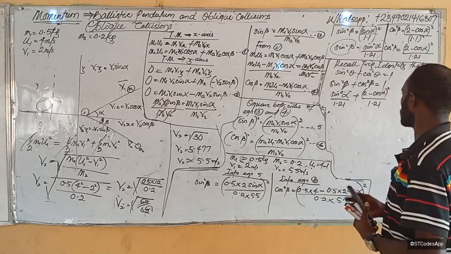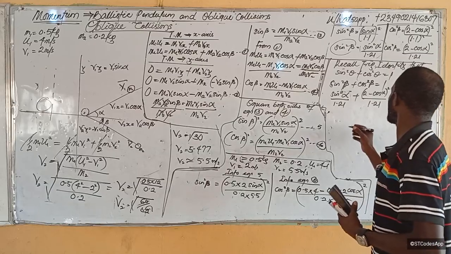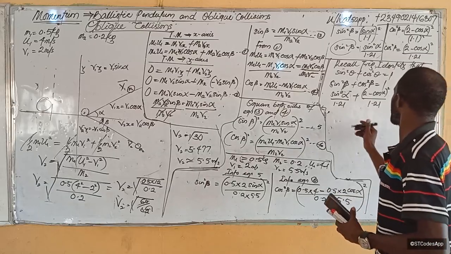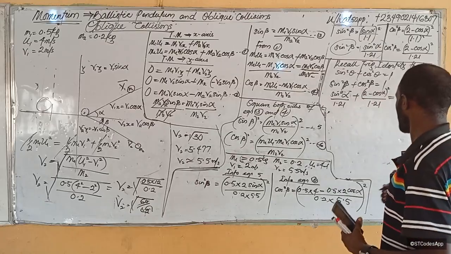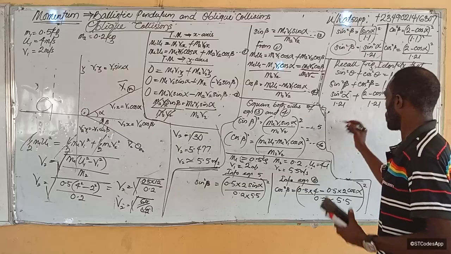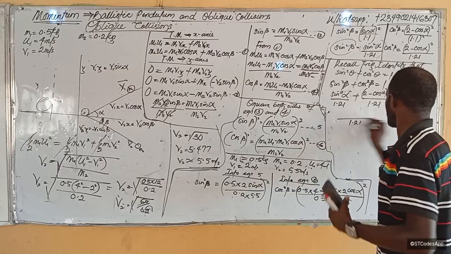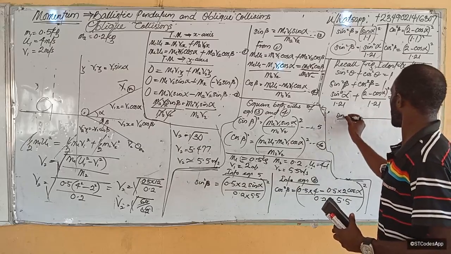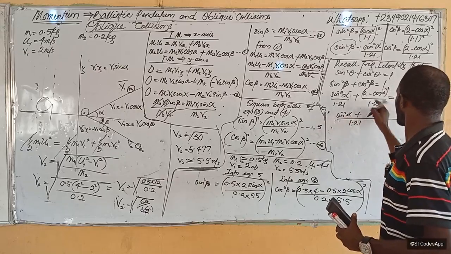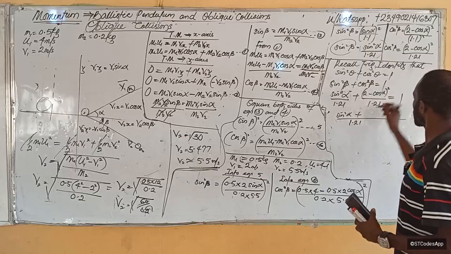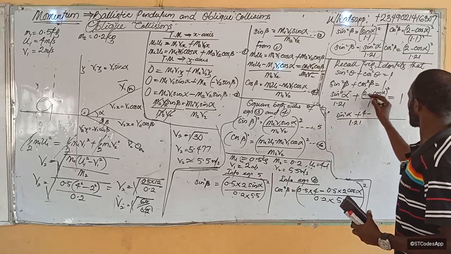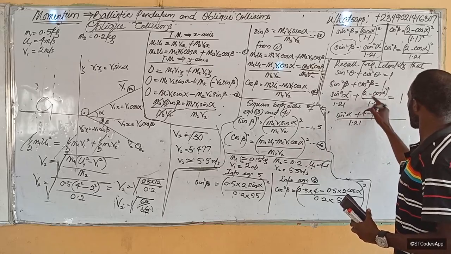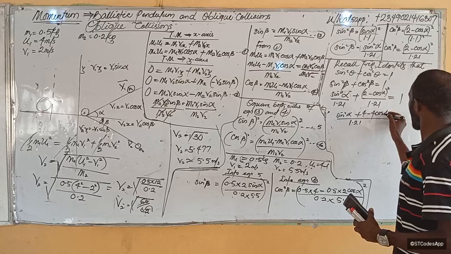Okay, let's continue. So let's take the LCM, of course. Everything should be equal to 1, just like this. So the LCM is 1.21. And here we have sine squared alpha plus, now let's square this. 2 squared is 4, minus 2 times 2, 4 times this, 4 cos alpha.